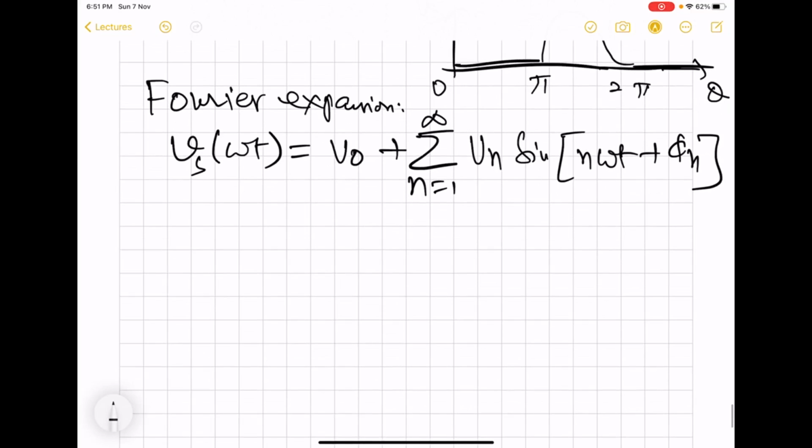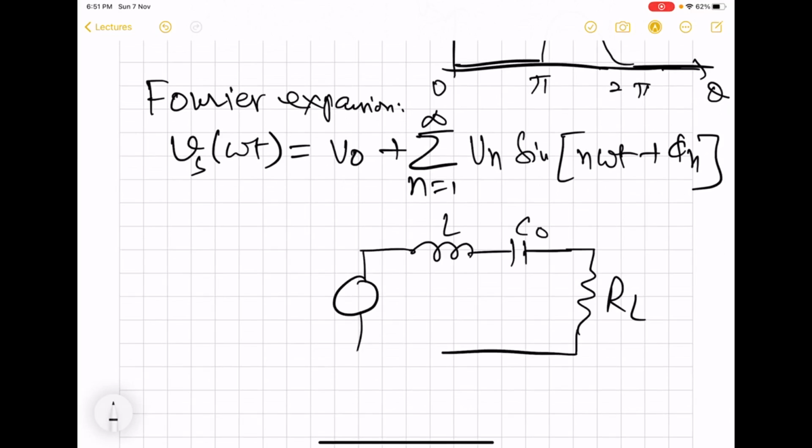So what happens here is equivalently in this circuit that we can say that we have this network, and this is getting excited by this Vs theta, where theta is omega t.